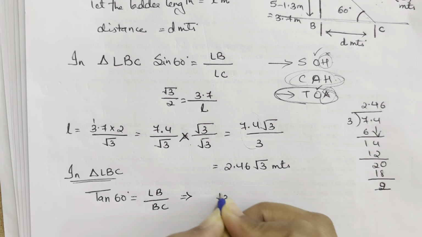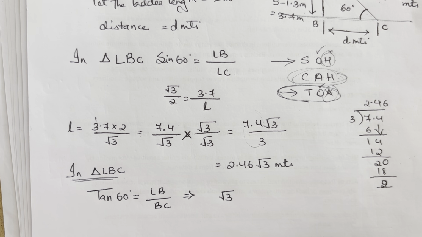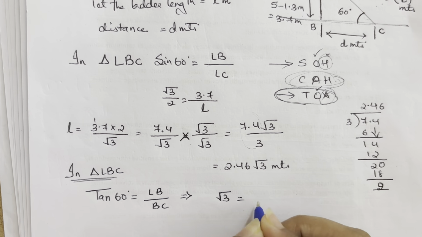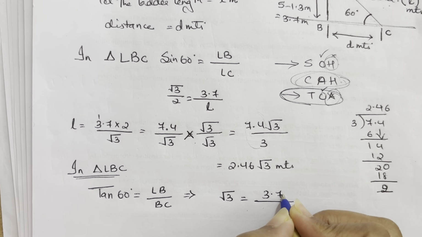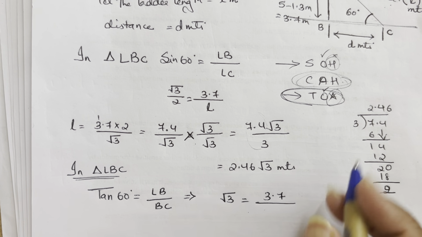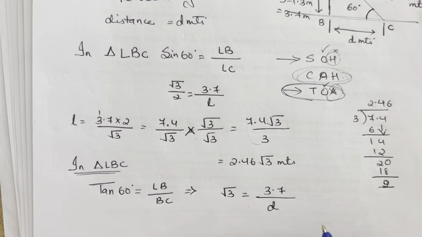Yeah, root 3 is what I have for tan 60, and it is equal to LB, the height, which is 3.7 units, and then further, this distance is there, so D is missing in here.